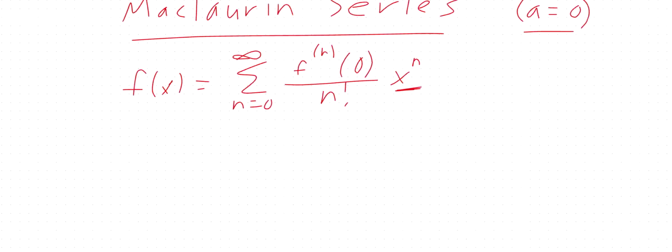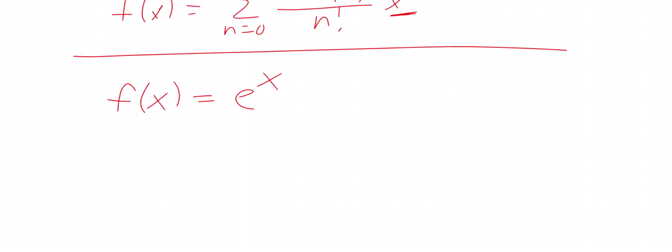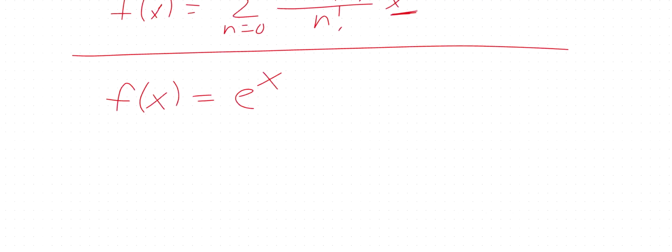So let's go ahead and do an example of this. Let's find the Taylor series expansion for e to the x, and then find our radius of convergence as well. So process for doing this, we are going to need a bunch of derivatives. So let's find all of those derivatives.